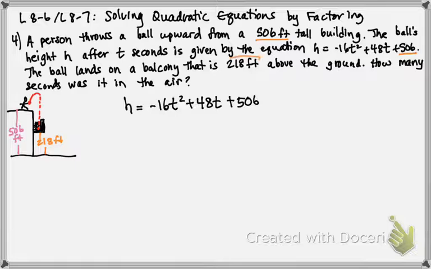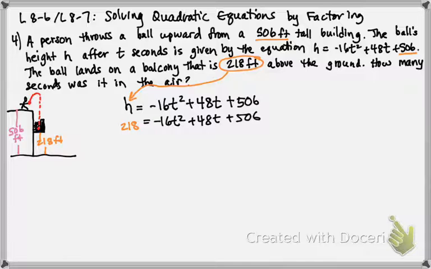But then we have another number of feet, and that's 218 feet, and that's where that balcony is. So that number is actually representing the height after time. So it doesn't go to the ground, which would be a height of 0. It lands on this balcony, which is 218 feet above the ground. So the 218 is going to go here, and then equals negative 16t squared plus 48t plus 506.